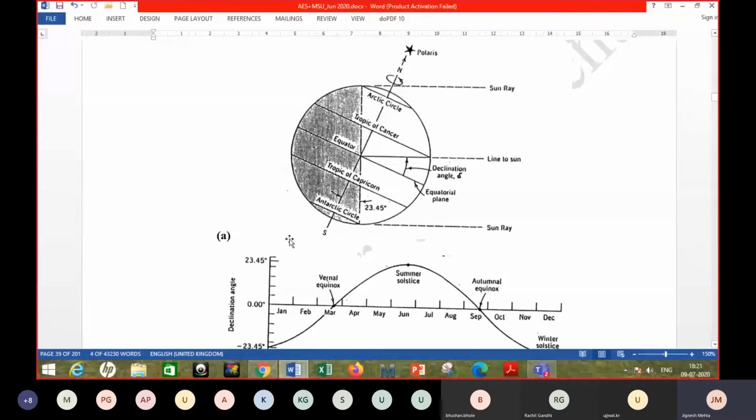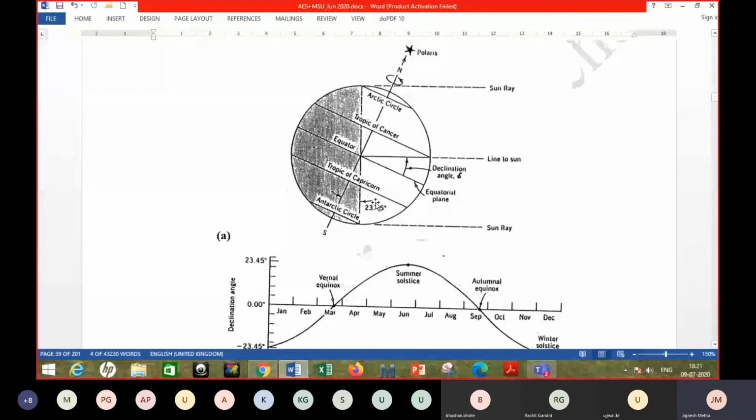The ecliptical plane will be a horizontal line in this diagram, this is the line perpendicular to that, and this is the axis of the Earth, making an angle of 23.45 degrees with the plane in which the Earth is moving.